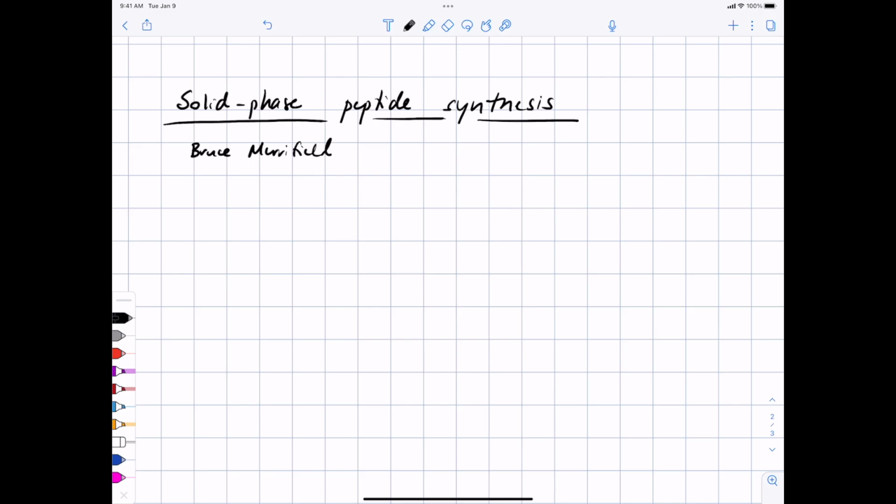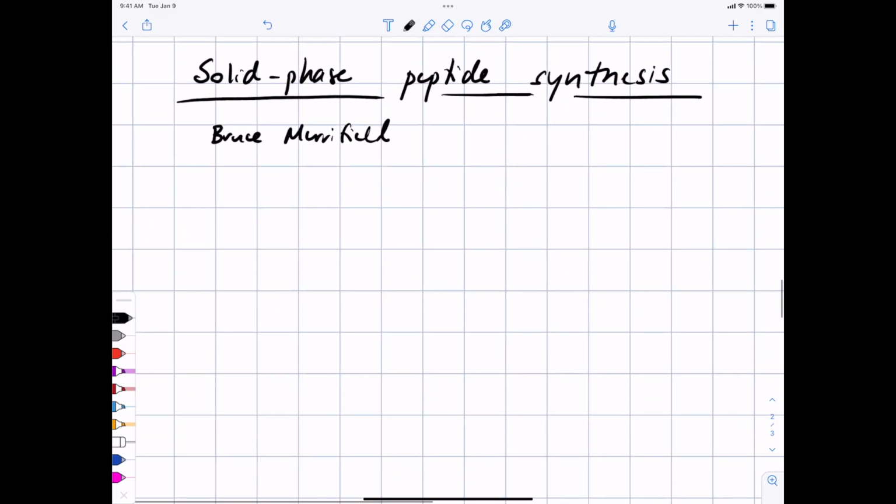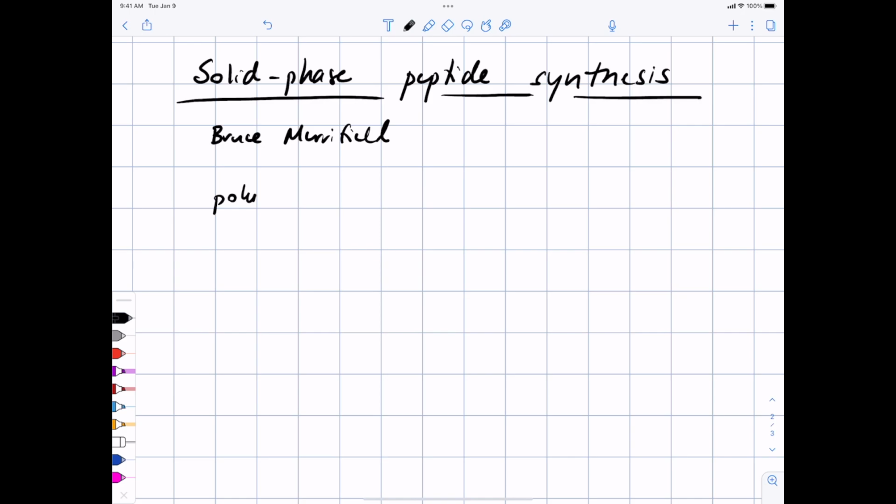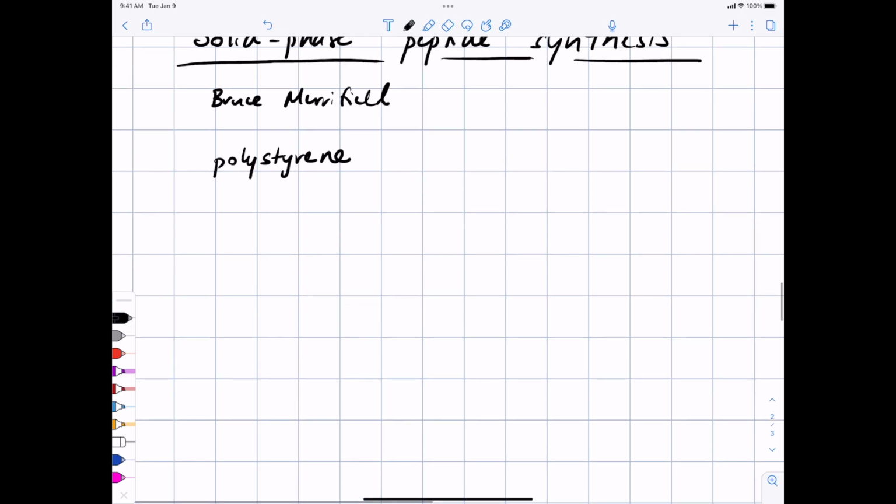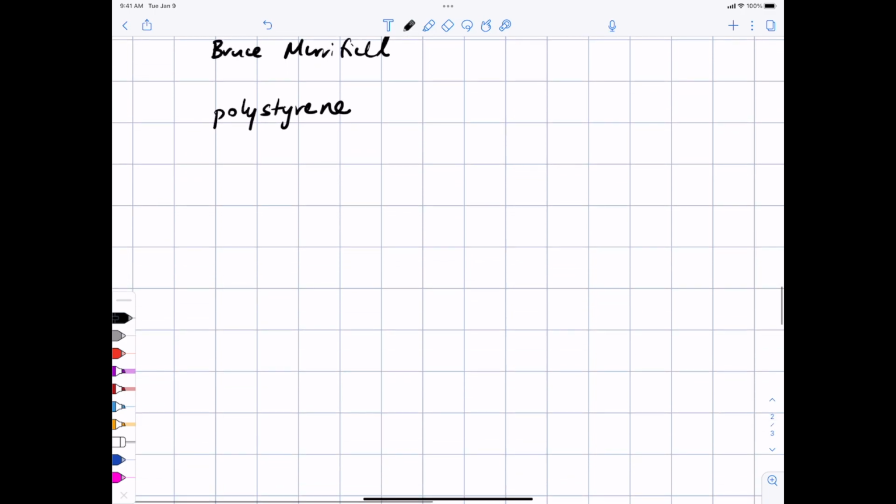Solid phase peptide synthesis is based on doing chemistry on a solid as a reaction vessel. So the solid that's the basic reaction vessel for peptide synthesis was polystyrene. And we may say more about polymers. I think we talked a bit about polymers in 351 when we talked about radicals.